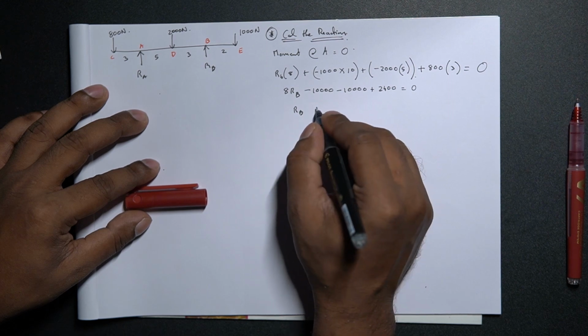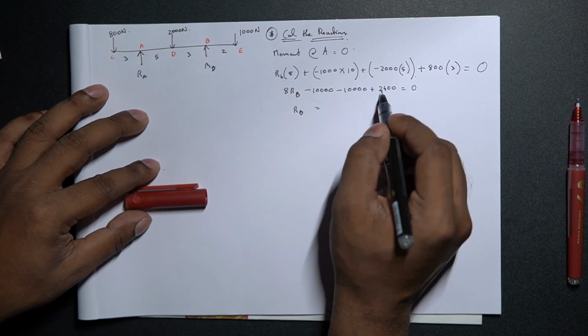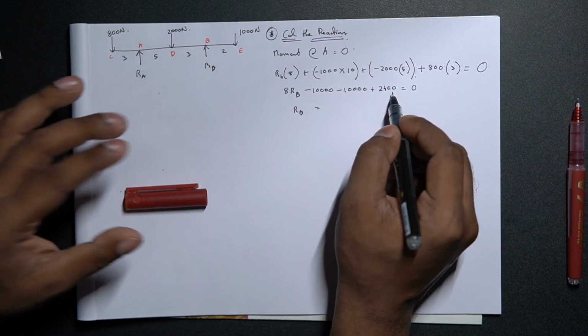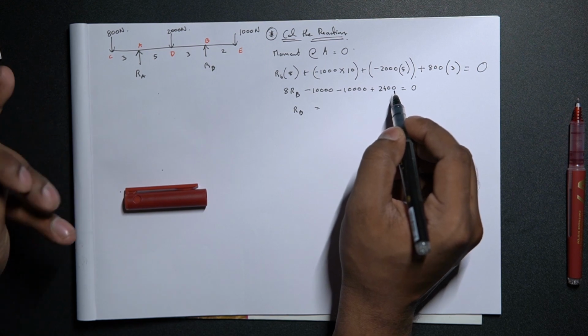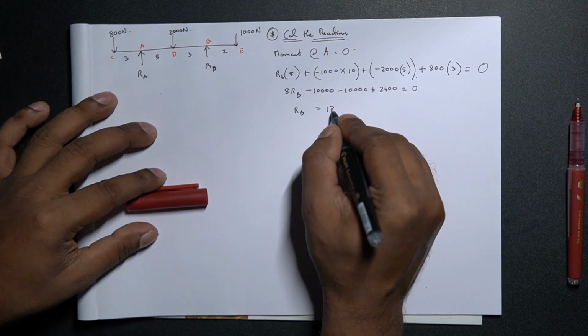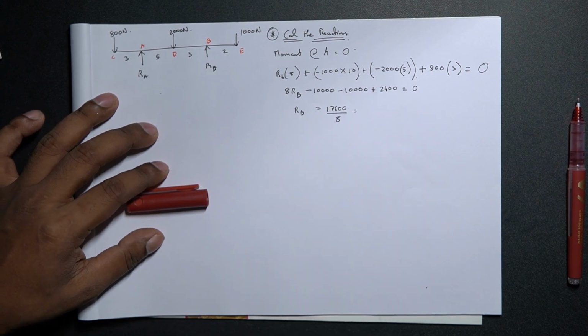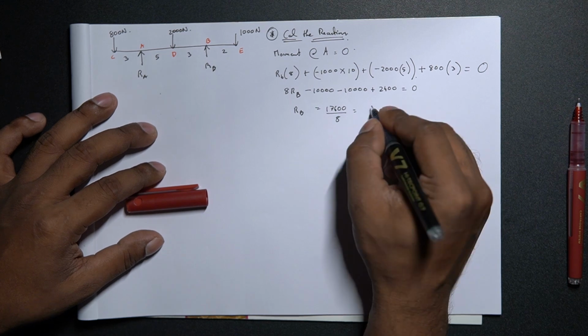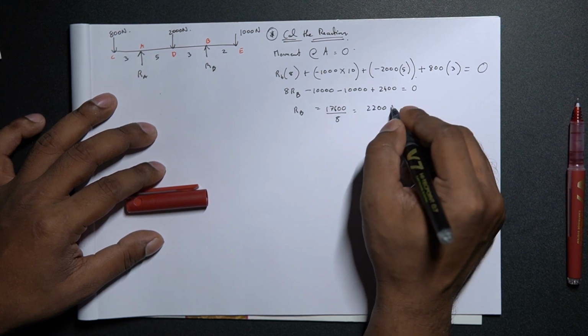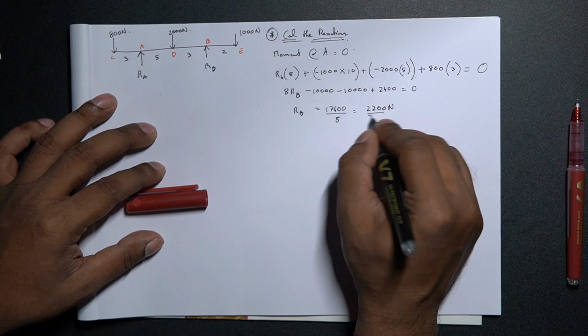So RB should be equal to 20,000 minus 2,400, that would be about 17,600 divided by 8. This should be 2,200 newtons.